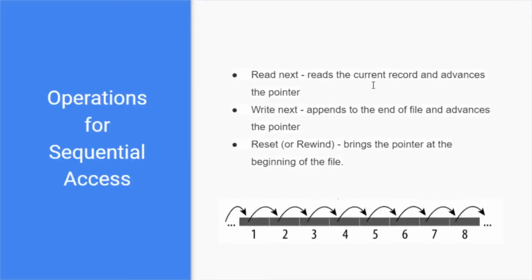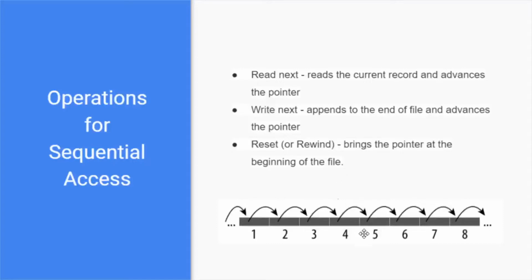The first one is read next. It reads the current record and advances the pointer. Suppose our pointer is at record number 4 and we use the operation read next, it will read record number 4 and advance the pointer to the next position. The second is write next. It appends to the end of the file and advances the pointer.